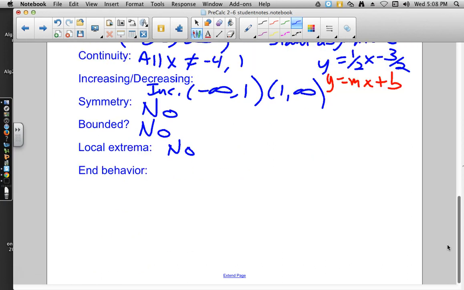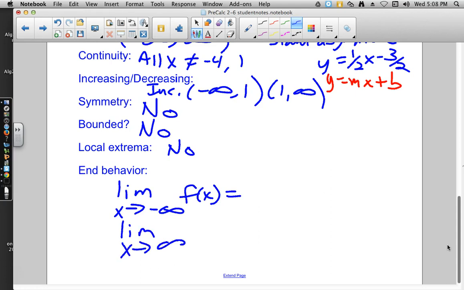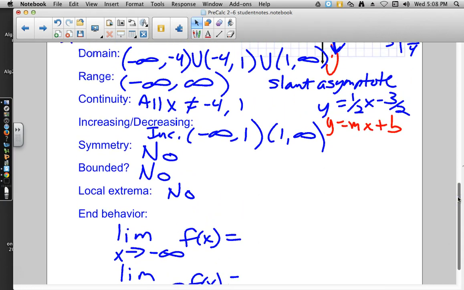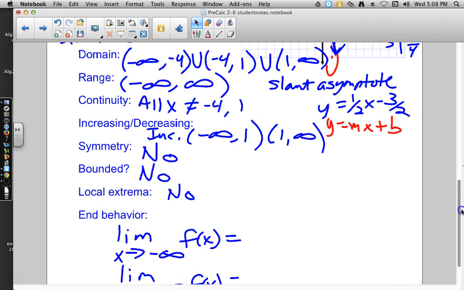But we have some end behavior. I mean, that's just going to happen. So limit as x approaches negative infinity of f of x, and limit as x approaches positive infinity of f of x. So let's go back and see what's happening as we go to the left forever with this graph.